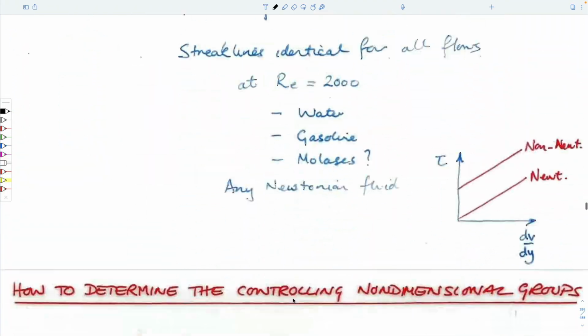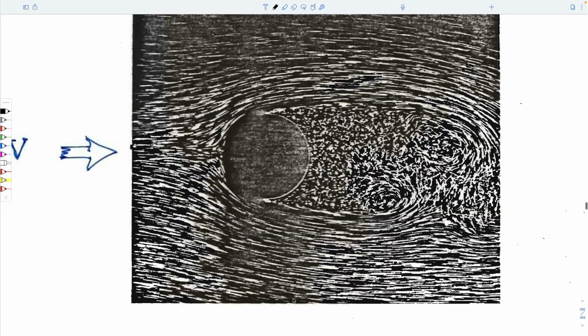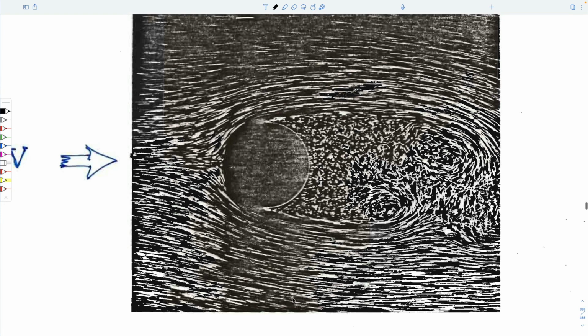If you look at this, I don't know if I've got multiple pictures. No, I don't. So this is a picture, maybe a Schlieren picture, of fluid going past a pencil, a cylinder in a flow field.